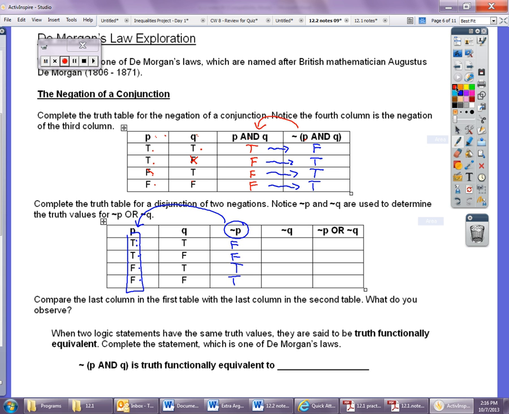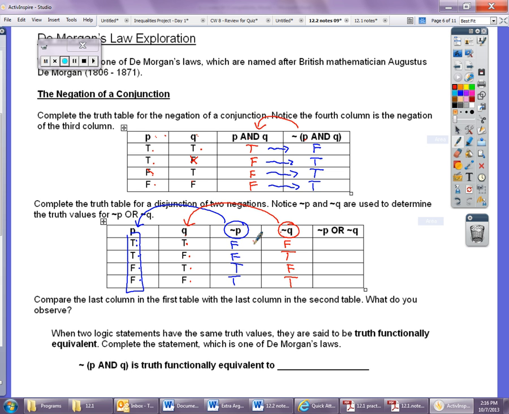And now the next one says negate Q. So we look at Q. True becomes false, false becomes true, true becomes false, false becomes true, because we negated everything in this column.